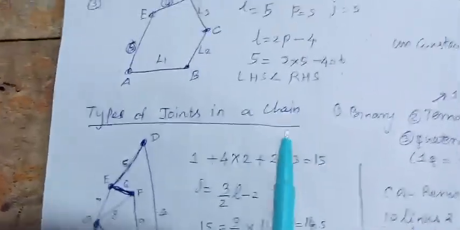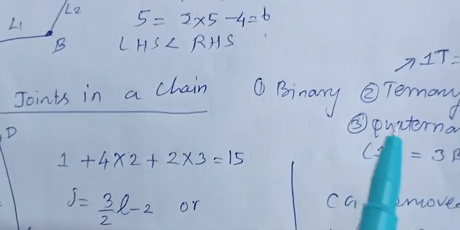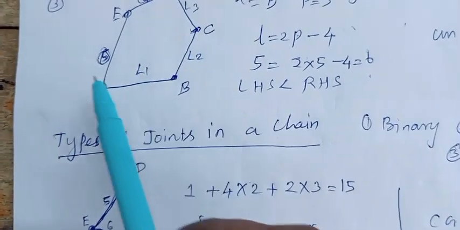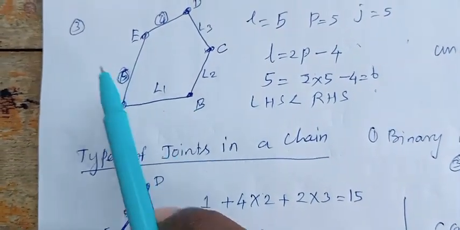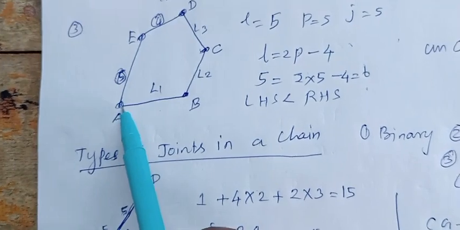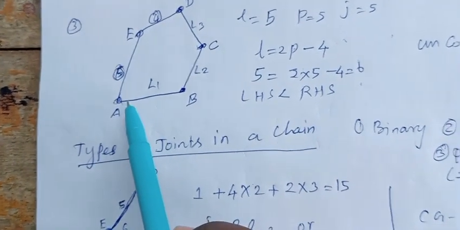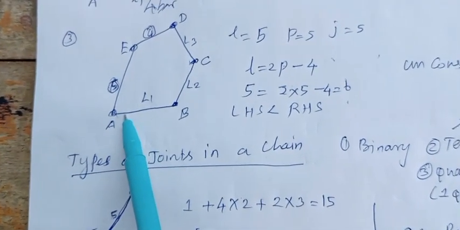Next topic is types of joints in a mechanism. In this we have binary, ternary, quaternary joints. Binary means at A, two links L1 and L5 are joined at A. So this is called a binary joint. Two links joined at one connection is called a binary joint.